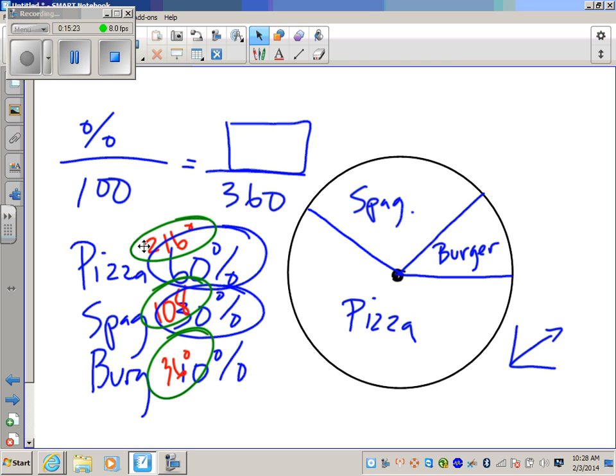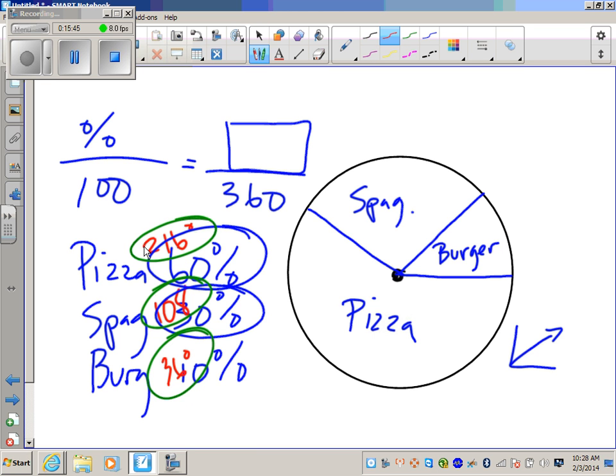So this might be the smart play: find out what the degrees are that you're working with, pick out the ones that you think are going to be easiest, and then go from there. We didn't have to really mess with the spaghetti one at all, but we just had to make sure it was 108 degrees.